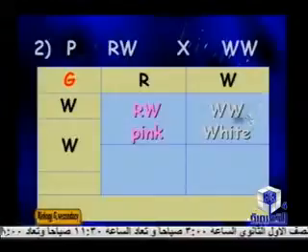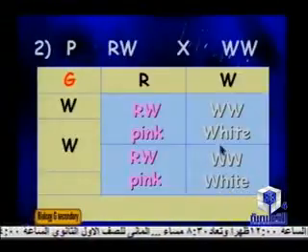The second one, white, two W's capital. The third is pink because R with the W is RW pink. And the last one, two W's, represents the white. So here it is white to pink, 50-50 both of them.